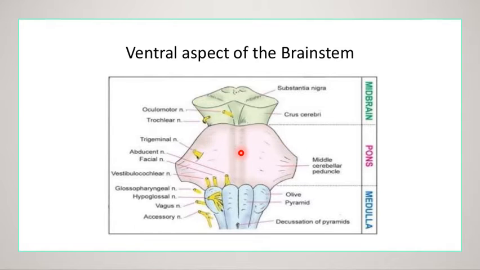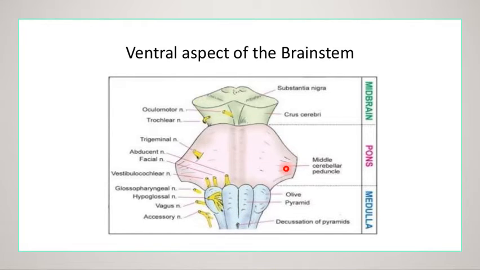Pons, the other meaning of it is bridge. Pons lies between the midbrain and the medulla oblongata. On each side, it is connected to the cerebellum. So when you see here, on one side you have midbrain, and on the other side you have medulla oblongata, right?